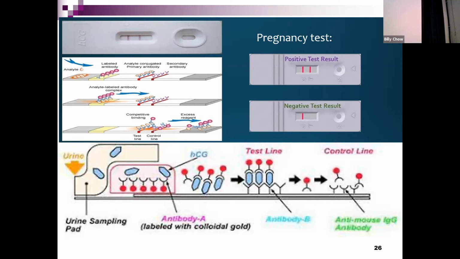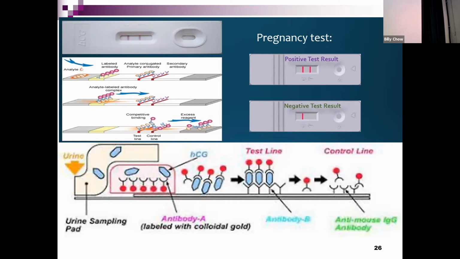Okay, so if you do not, for example, in a negative test result, if you do not see a red line in the C line, that means that there is no color antibody that is traveling down together with the urine sample. Then this test is not valid.